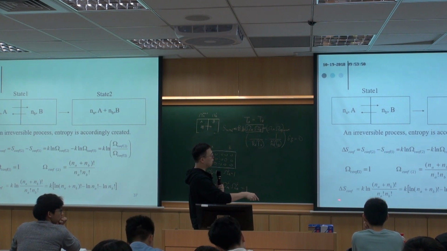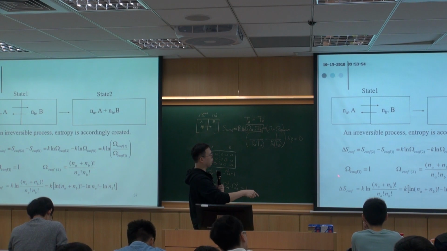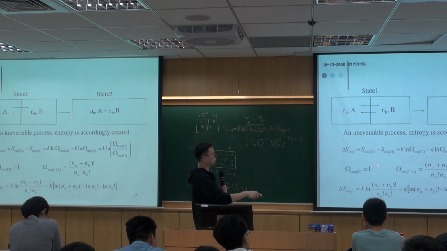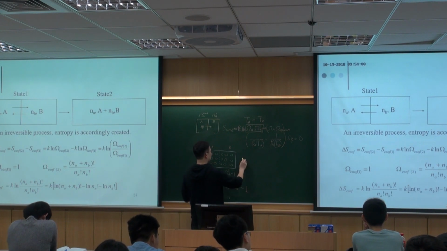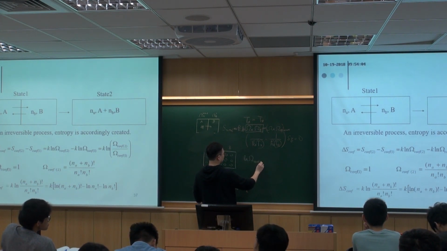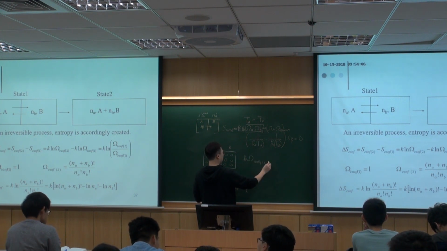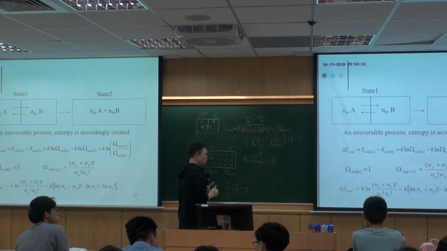So if you want to calculate the change, which is the difference between these two, you don't have to worry about the initial one because this is just 0. If you take log of this, this is 0 because this is 1, and log 1 is 0.